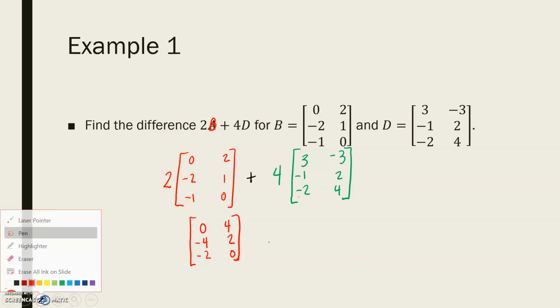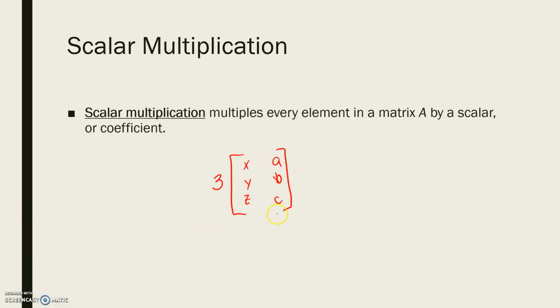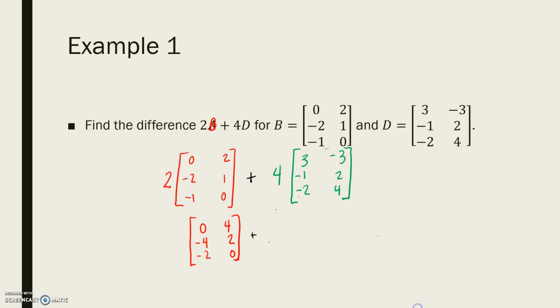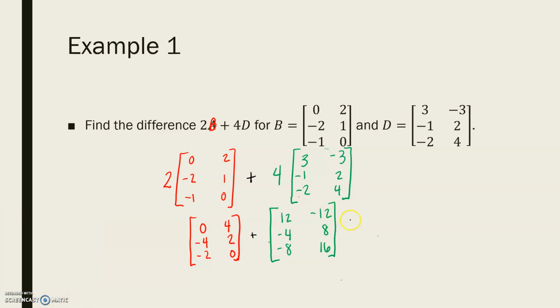For the second one, I'm going to multiply each element in this matrix by 4. So I'm going to get 12, -12, -4, 8, -8, and 16. And my final step to simplify this is to add these together. Remember, with adding them together, I'm looking at the corresponding elements.